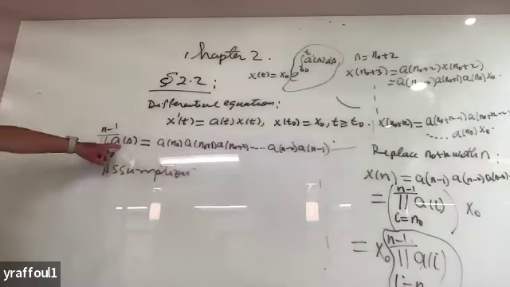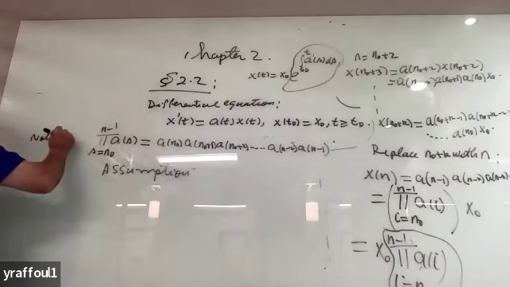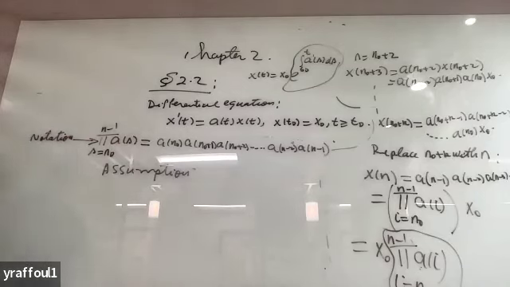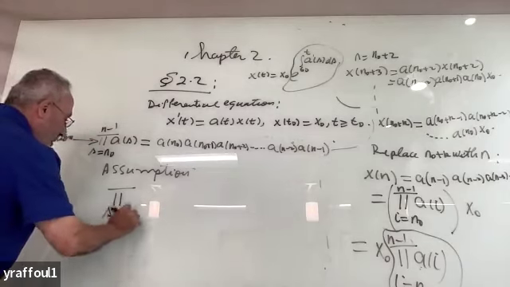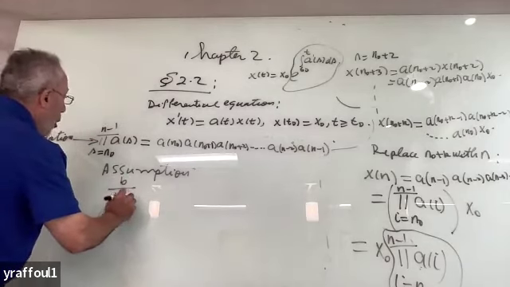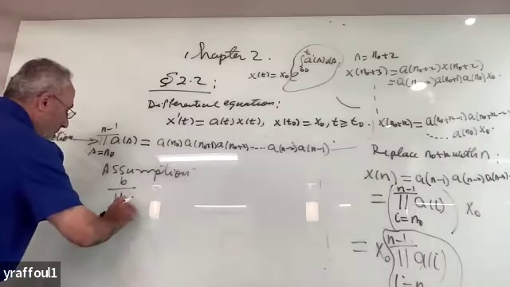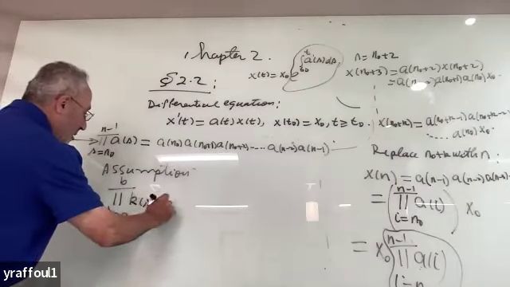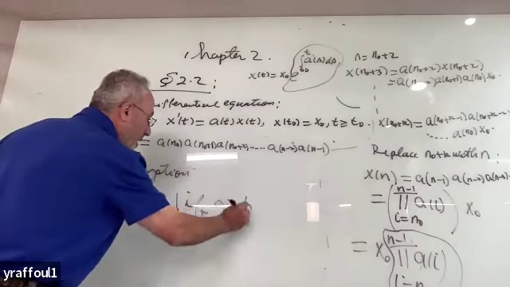So this is the product symbol. So this is notation. An assumption is that the product from s equal to a to b of any number rs, let me put, ks, is equal to 1 if a is bigger than b.